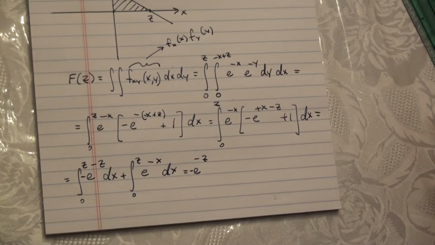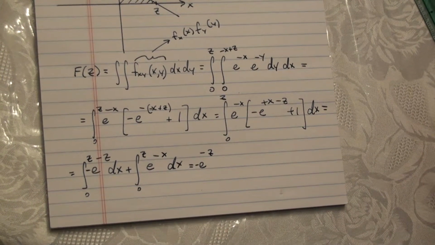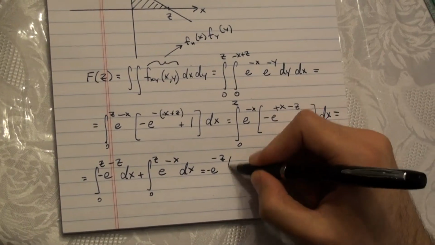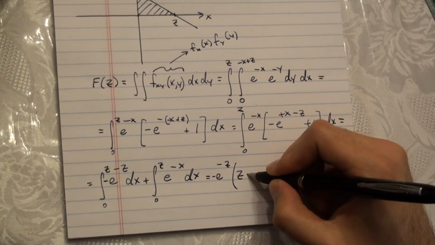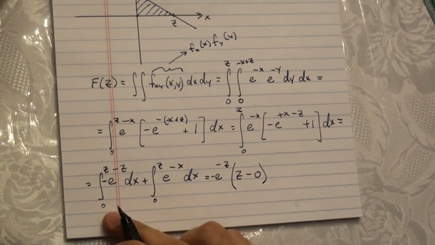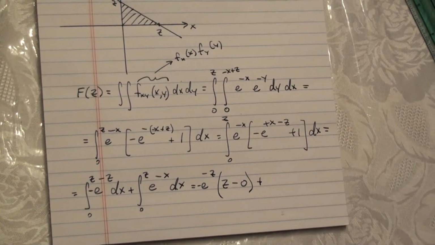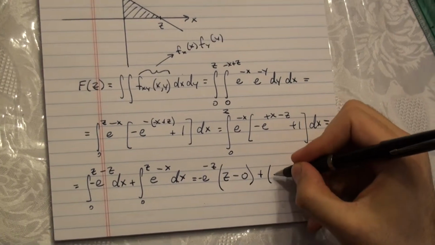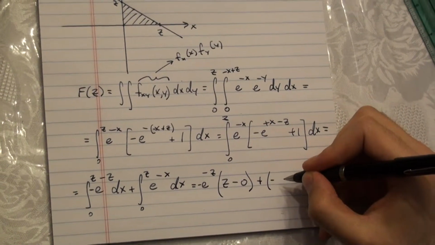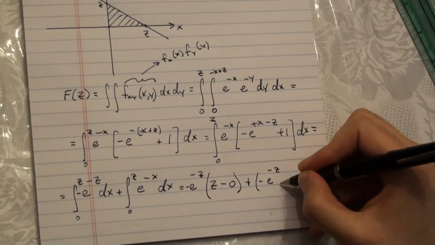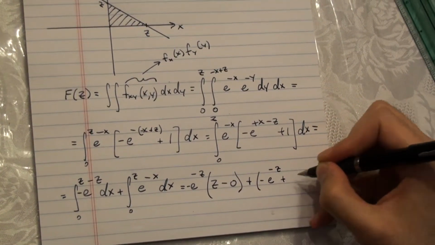And then we get z minus 0 for this integral. Here we have a minus e to the minus z, minus minus becomes plus 1.